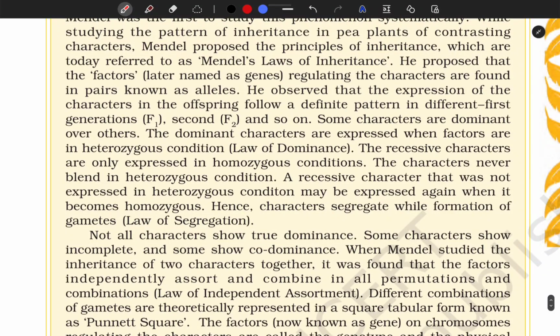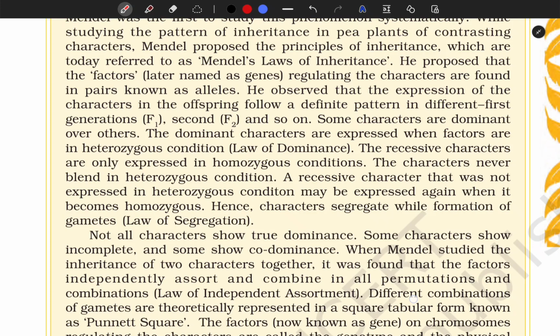He proposed that the factors, later named genes, regulating the characters are found in pairs known as alleles. He observed that the expression of characters in the offspring follows a definite pattern in different generations, that is F1, F2, and so on. Some characters are dominant over others.